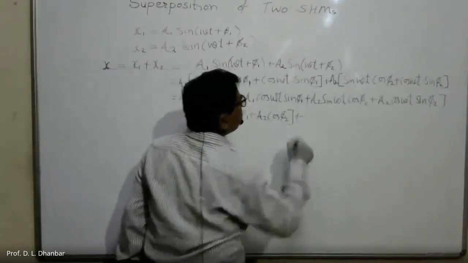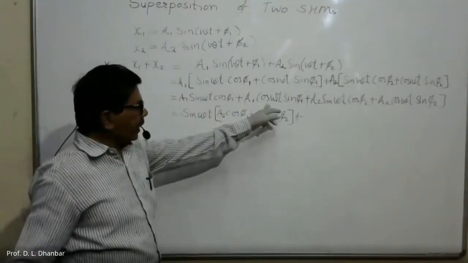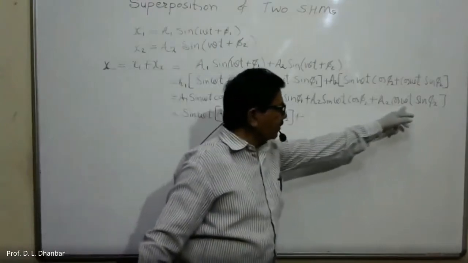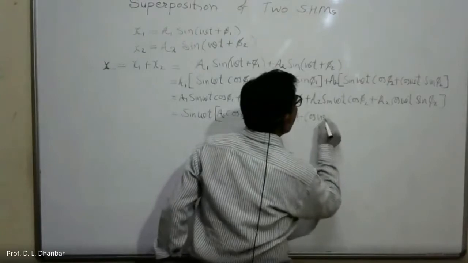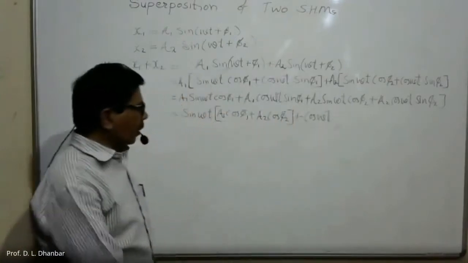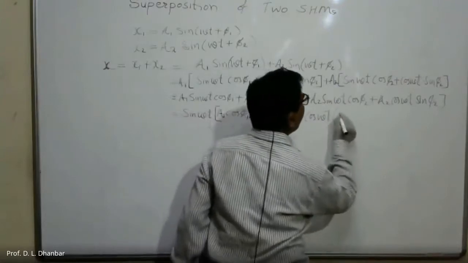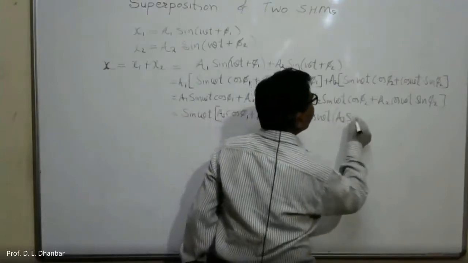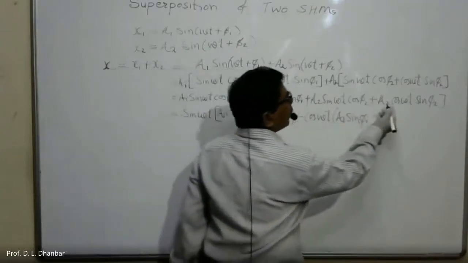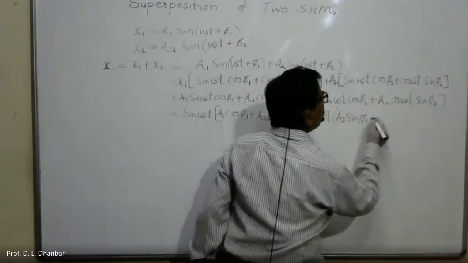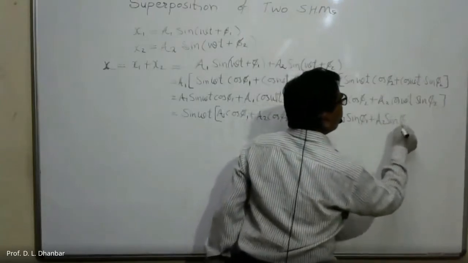plus, similarly from these terms we can take out cos omega t, and in the bracket you will get a1 sine of phi 1 plus a2 sine of phi 2.